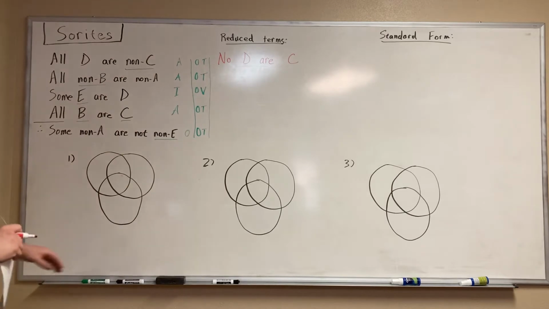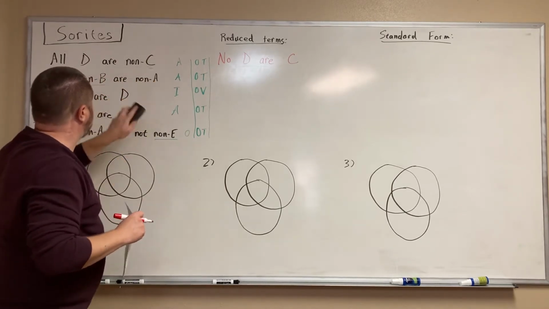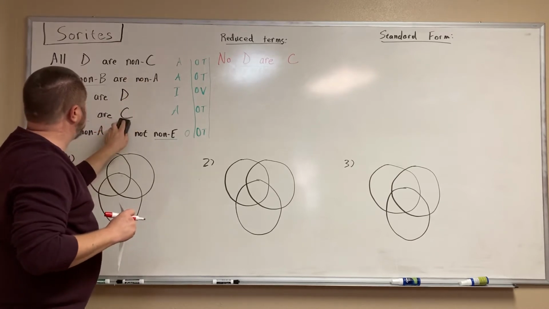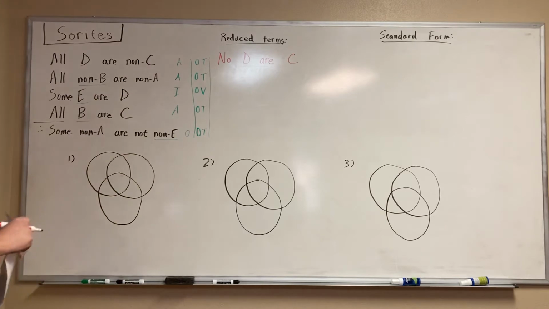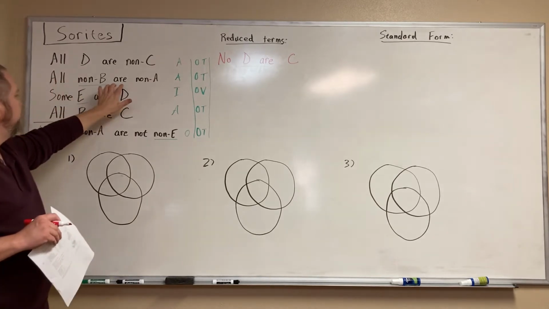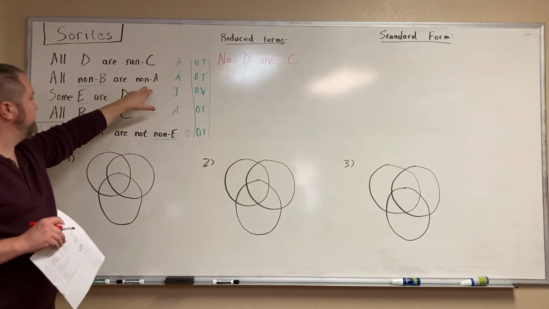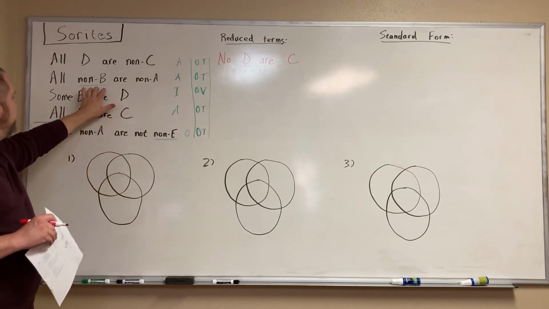And then, since I'm doing the underline, let's just get rid of those lines so that we know that that one's already reduced. All non-B are non-A, we have to reduce the terms between non-B and B. So looking at that, obversion's not going to do anything because it's going to change the non-A, but I can do contraposition.